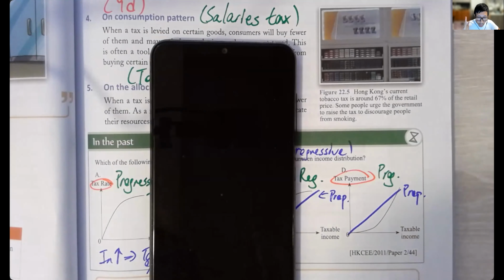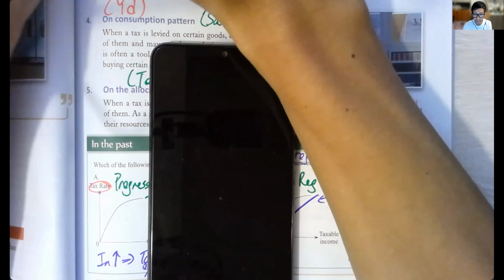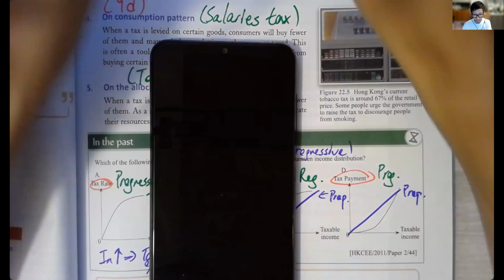Of course, the poor. On the other hand, higher standard tax rate means the rich people would pay more tax than before. So both of which would suggest that this is more progressive in nature.